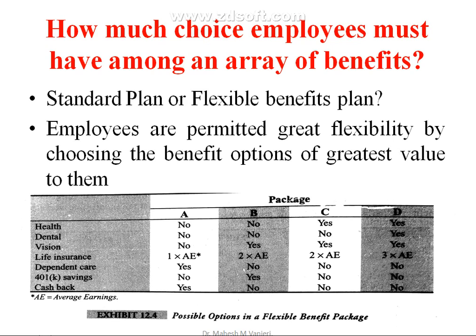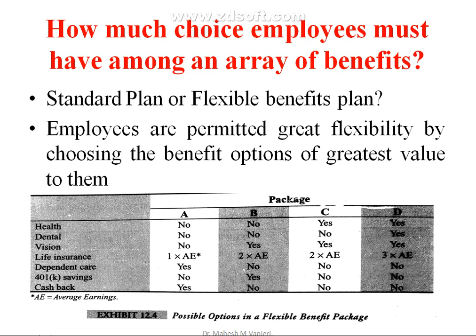So if we consider health insurance, dental insurance, vision, life insurance, dependent care, then savings, cashback, see, a person who is married and has kids will definitely go for dependent care or health insurance.